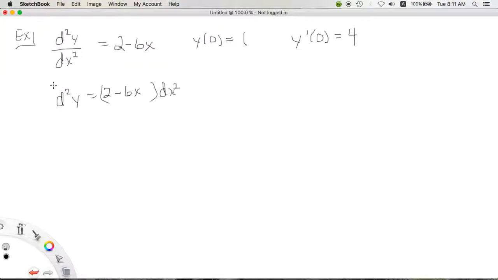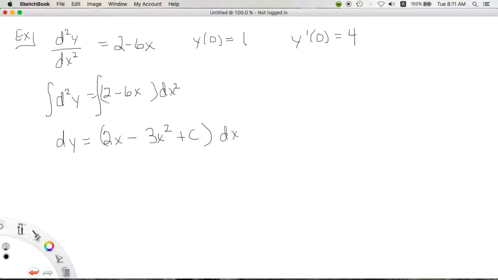And then when we take the integral, remember the integral undoes the derivative, but it only undoes one of them. So we end up with dy equals 2x minus 3x squared, because we have to divide by 2, and then our plus c, and that's times dx, because we just took the first derivative.